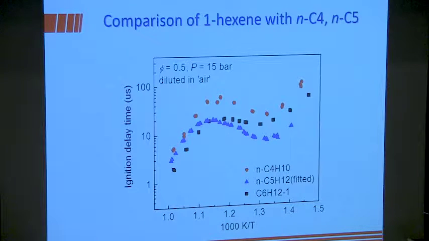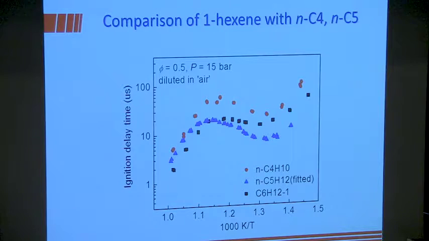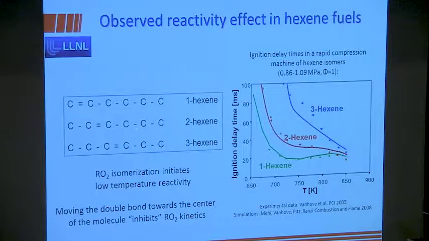Here's just model predicted ignition delay times at different points for n-pentane. And here is the reactivity predicted for 1-hexene. So why did I choose 1-hexene?